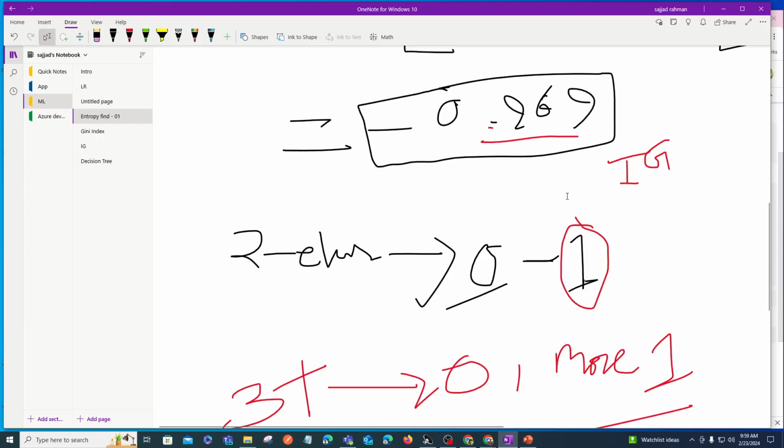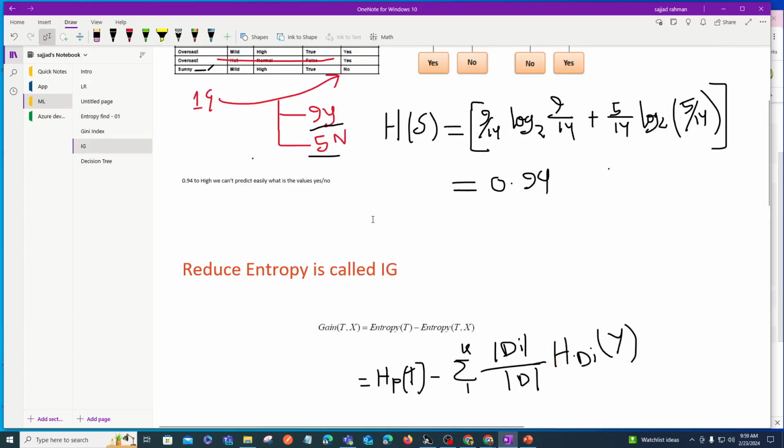Our goal is to reduce this entropy, otherwise we cannot predict well. The reduced entropy is called information gain, and the formula of information gain is the parent entropy minus the child entropy.